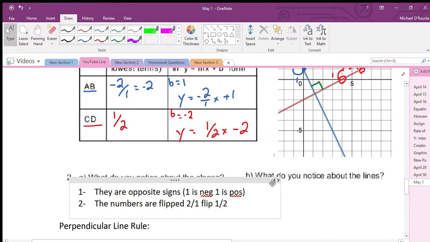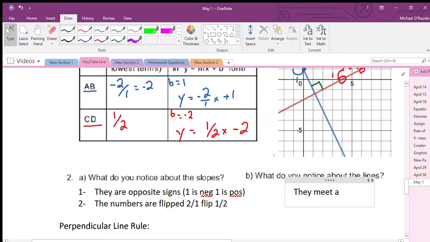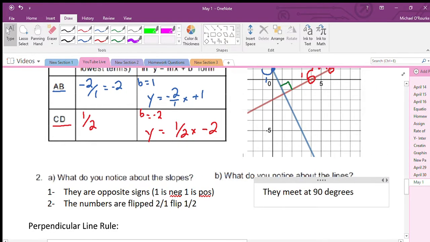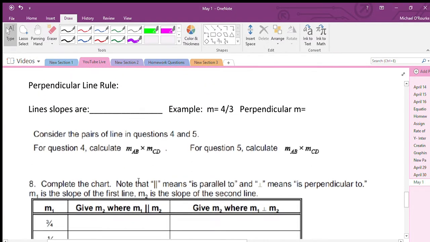What do you notice with the lines? They meet at 90 degrees, which we talked about earlier.